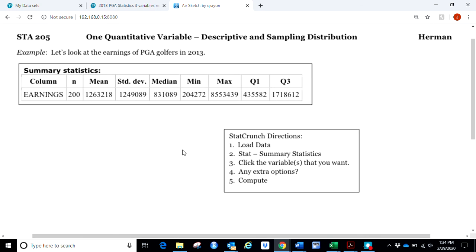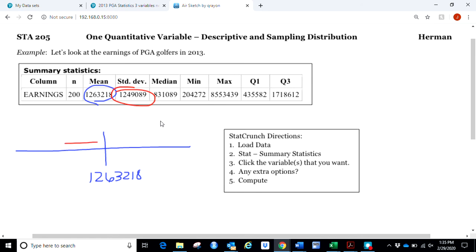So now we're just going to use these values to understand what that standard deviation is really measuring. Standard deviation again measures that typical distance we fall from the mean. So I'm going to start at the mean. Well, the mean was 1.26-ish million here. And my typical distance from that mean is this 1.24 million.